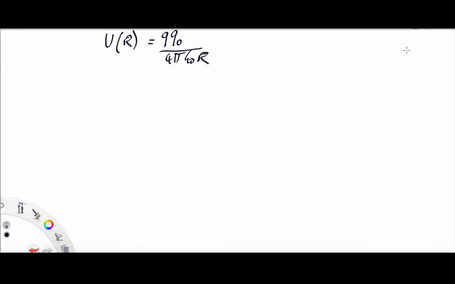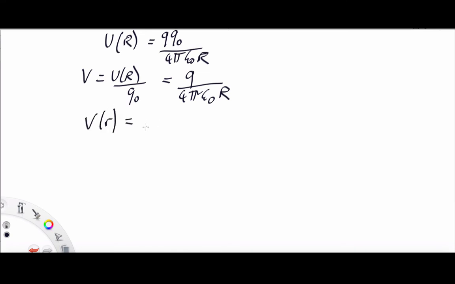Now the potential, which is just a reference to the potential energy that's independent of the test charge, will be the potential energy divided by the test charge. And so that will be simply Q over 4 pi E naught R. So generalizing this to any distance along that axis, in other words, any distance r away from a point charge, the potential will be Q over 4 pi E naught r.